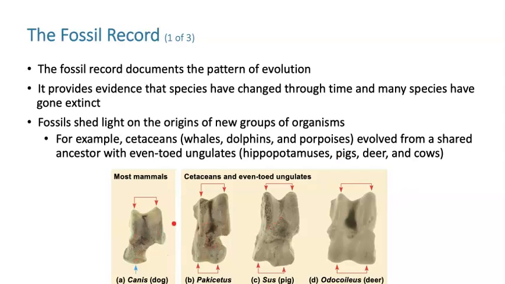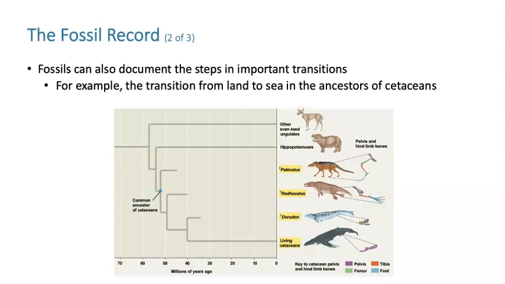If you look, however, at the cetaceans and the land-dwelling even-toed ungulates, you can see that they have two bones here, just like most mammals, but they actually have two bones down here. So Pachycetus is an ancestral whale. Sus, or pigs, have two bones, deer have two bones, and if you look at whales today, they also have those two bones in their fins and flippers.